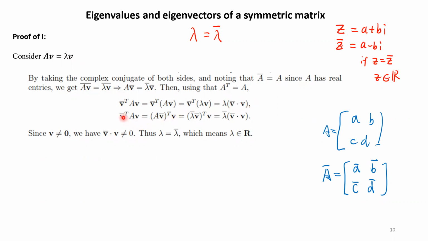This time I consider the same dot product, but here I'm going to rely on the symmetric property of the matrix A itself. You need to grab the key difference between this step and this step.